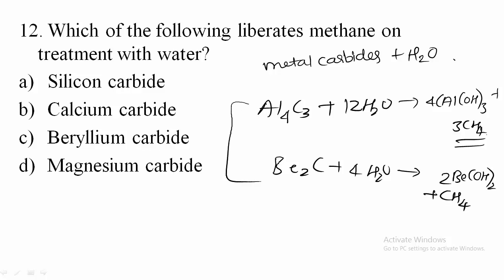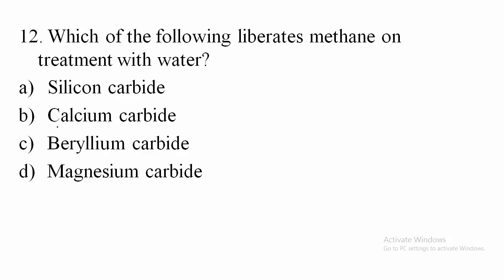So these are the two metal carbides which will give methane on treatment with water or on hydrolysis. So which option is right here? Silicon carbide will not give. Calcium carbide will also not give. Magnesium carbide will also not give. So beryllium carbide will give the methane on treatment with water. So option C is the right one.